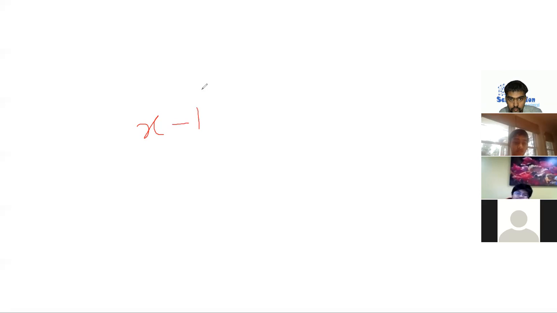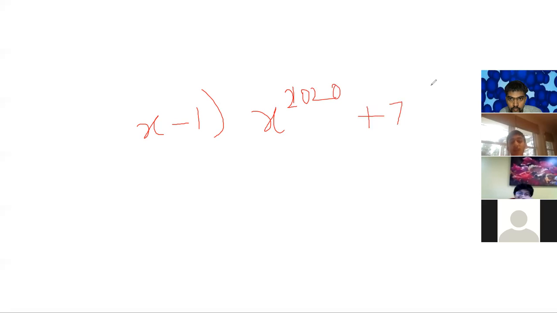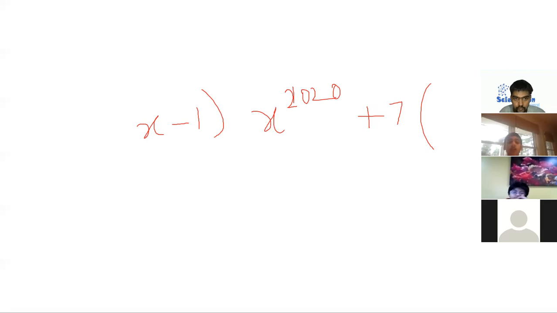Okay, now let me give you another question. Can you make it clear which one is the divisor and which one is the dividend? So x minus 1 is the divisor. That goes into x to the 2020th power. Oh, well that's fine. Remainder. Wait, so the x minus 1 is the actual divisor, right?